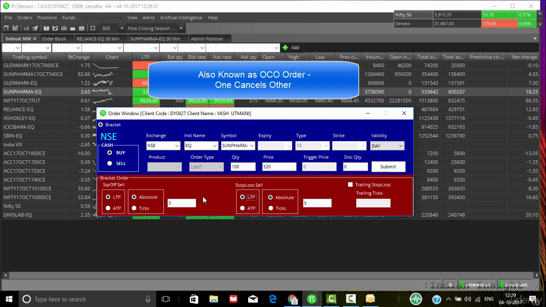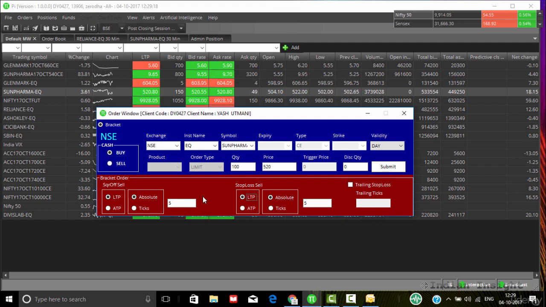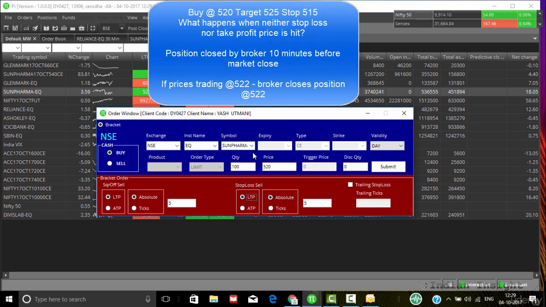There is obviously an advantage to using this kind of a system, because all you need to do is to be there when you are entering the trade and the system will take care of the rest. Now what happens in case neither your stop loss price nor your take profit price is hit? Well, in that case, when you are just 10 minutes away from the closing, the broker will close your position at the prevailing price.